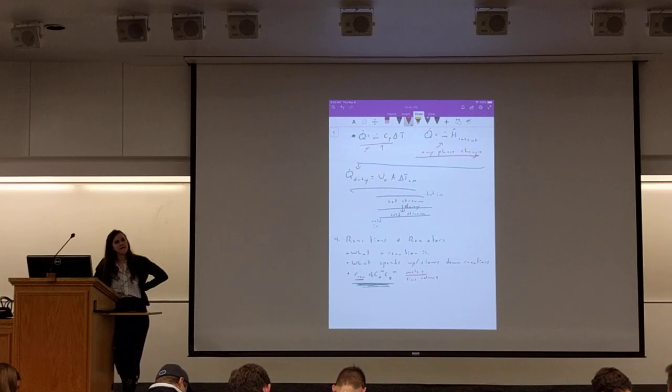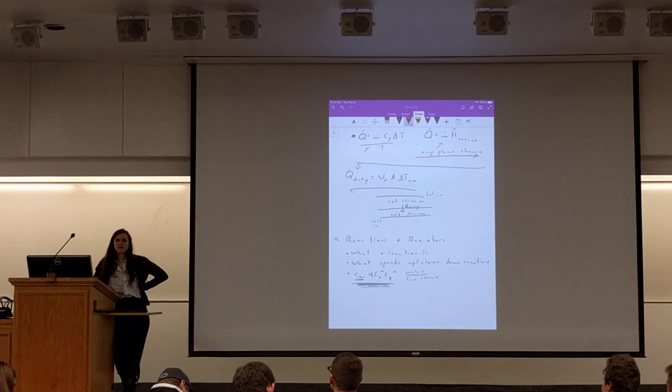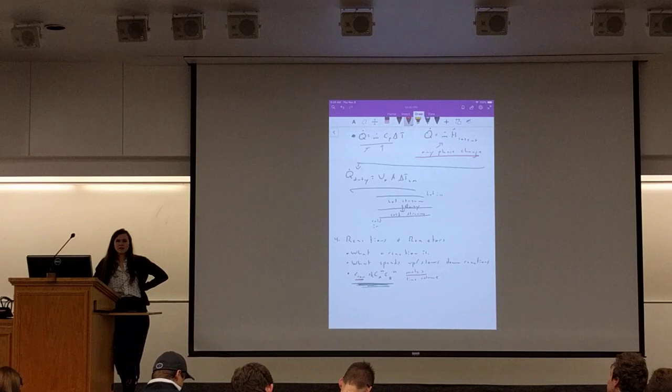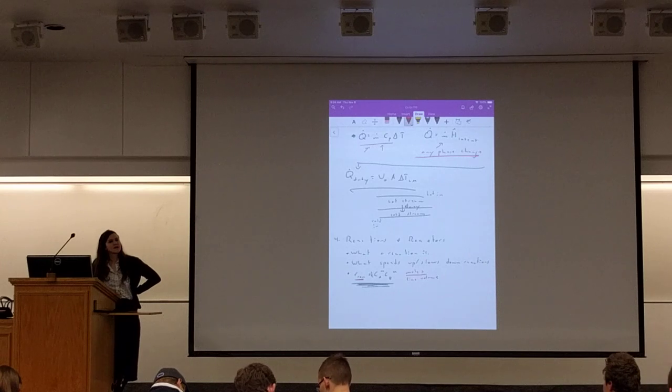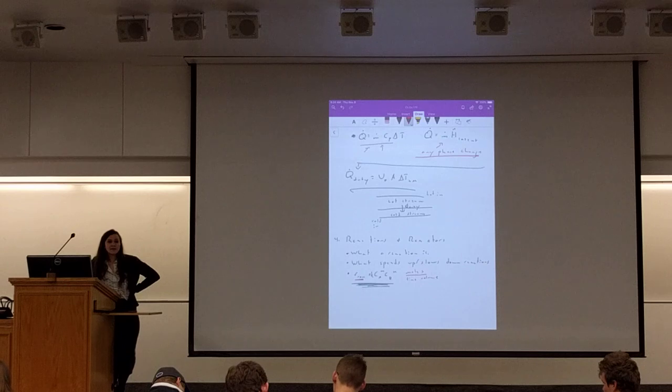Yes? When you say it has to be a liquid, do just the reactants have to be a liquid, or all of the chemical species? So, if it's essentially irreversible, then it shouldn't matter if the products are gases, I don't think. Because wouldn't that change the volume of your reaction? So, it depends.